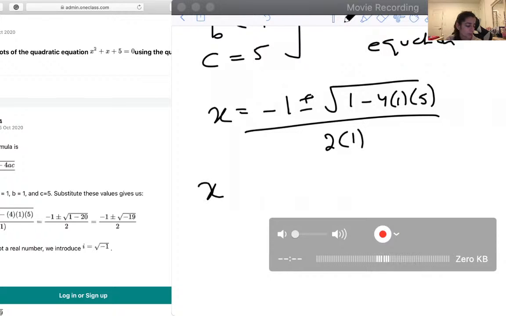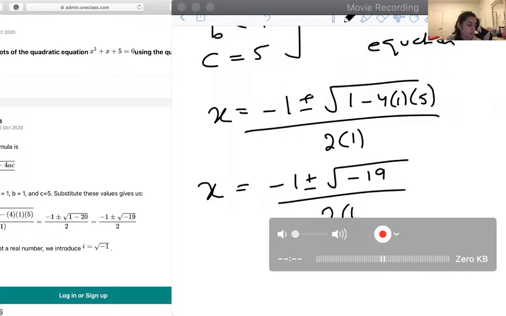So this would be negative 1 plus or minus the square root of 1 minus 20, which is negative 19, over 2 times 1, which would be just 2 in general.